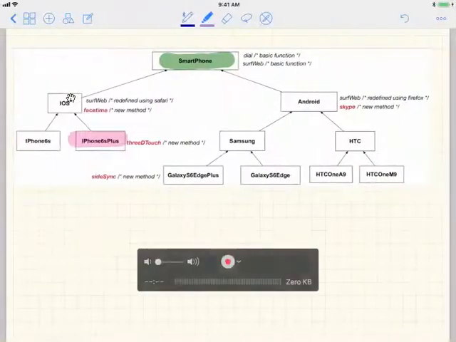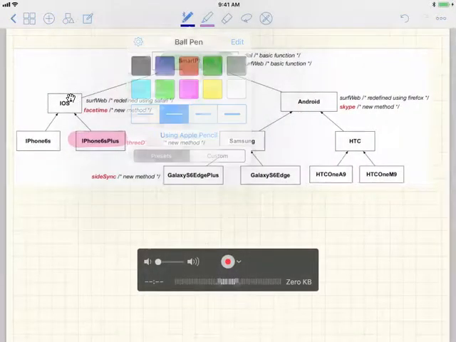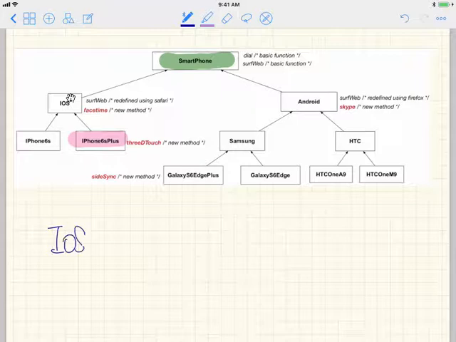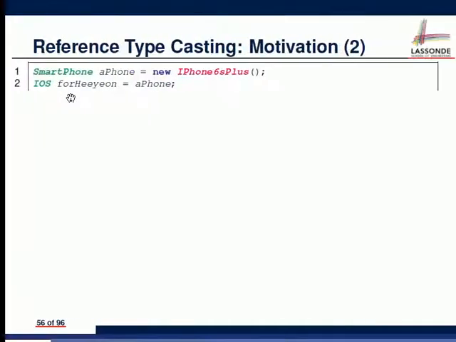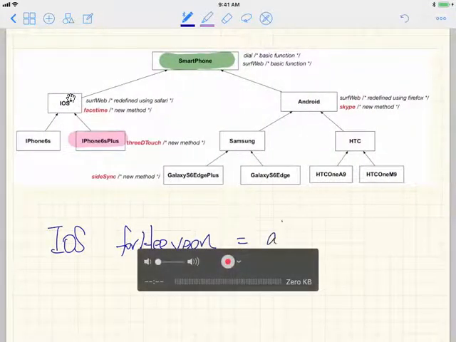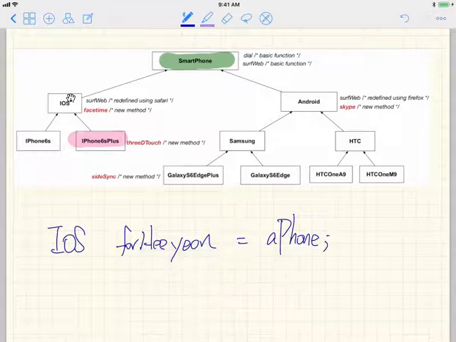So now we say iOS for Hyun over here, and we say that is equal to a phone. Just to remind you, this is the static type for a phone, and this is the dynamic type for a phone. Do you think this assignment will compile or not?